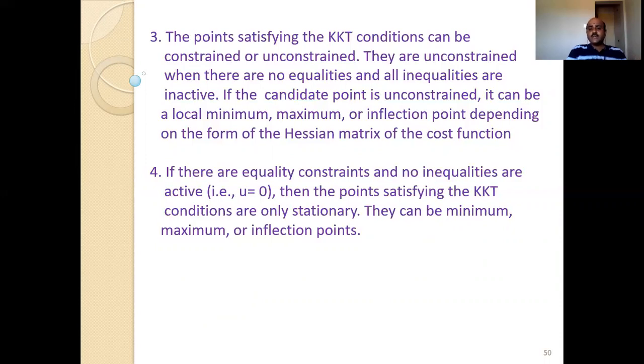If the candidate point is unconstrained, it can be a local minimum point or maximum or inflection point depending on the form of the Hessian matrix of the cost function. So it may be a local minimum, a maximum, or an inflection point. This either minimum, maximum, or inflection will depend upon the form of the Hessian matrix for the cost function. This is one important thing you should note down.